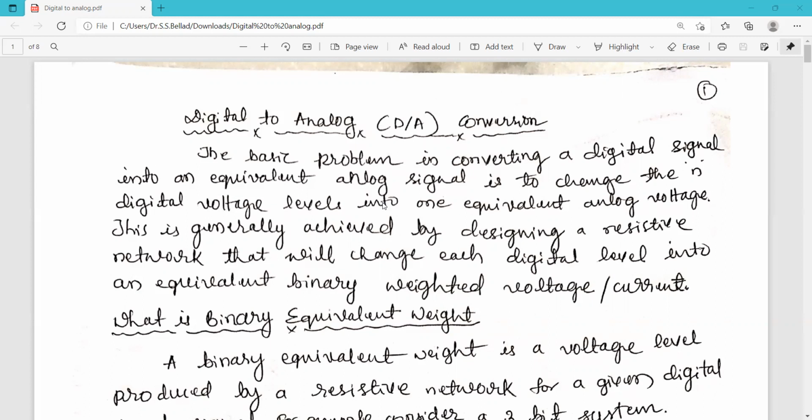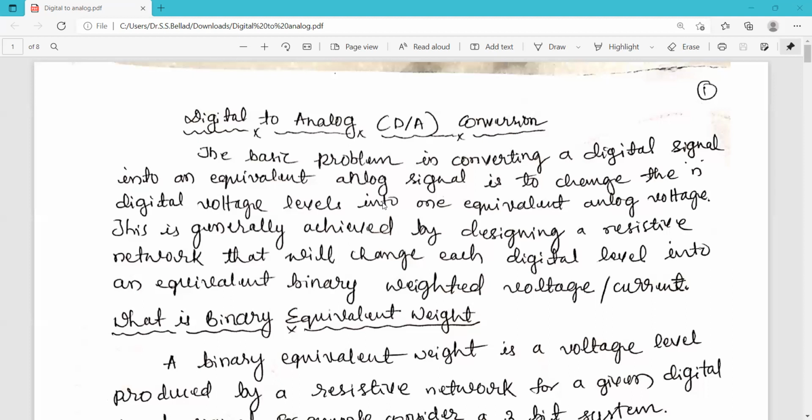Just an example. Suppose that an audio signal is coming out of a digital circuit; that cannot be directly fed to a speaker to reproduce the sound. So that has to be converted first into the analog signal, then it has to be given to the speaker, then only the speaker works.